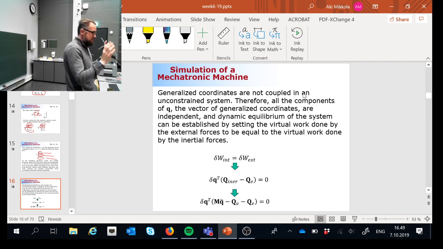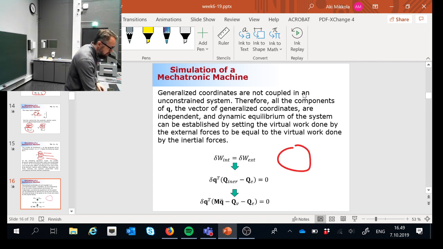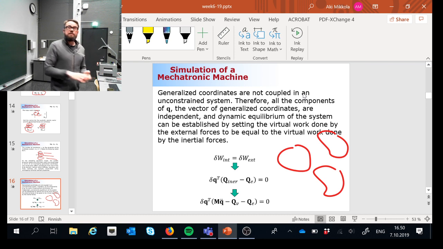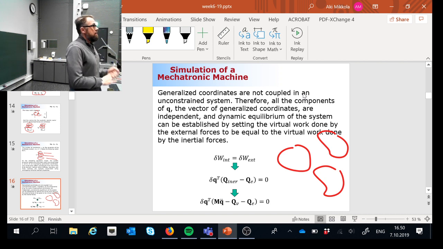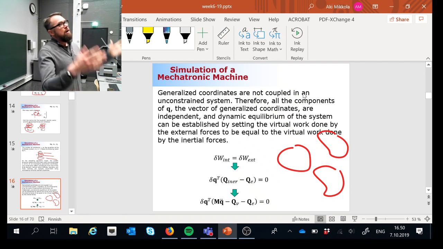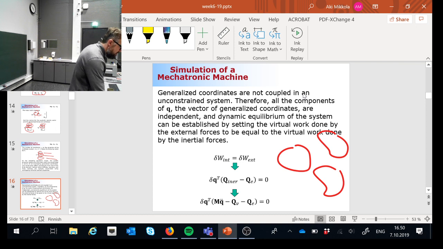So an unconstrained system is like a potato-shaped body, potato-shaped body, and potato-shaped body. No constraints. They have no relation to each other. I need 9 generalized coordinates to express this system, because I'm dealing with 3 bodies. How can I express the system, which consists of 3 bodies but no constraints? Well, I can simply say that the virtual work done by inertial forces is equal to the virtual work done by externally applied forces. Where is that coming from? Well, it's coming from this equation that you're very much familiar with.